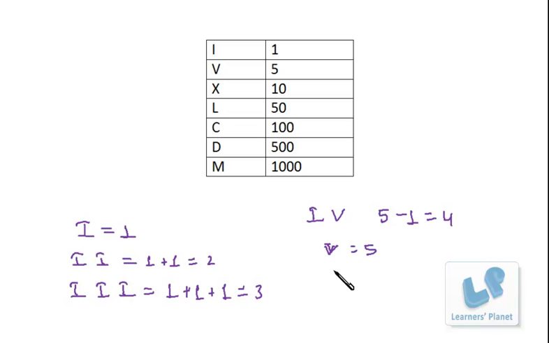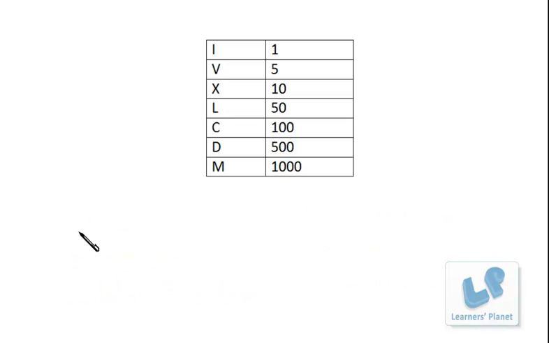Now we have to write 6, that is 5 plus 1, so it's V I, that is 6. Now let's write 7. So it's 5, 6, 7. That is 5 plus 1 plus 1.